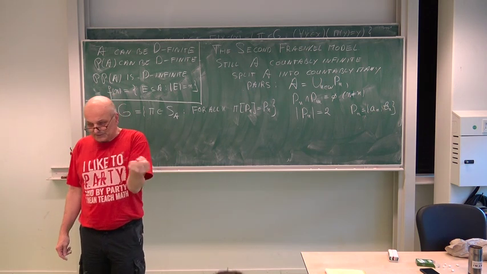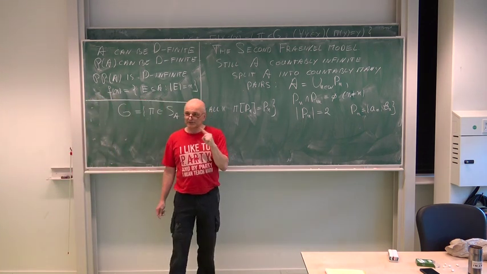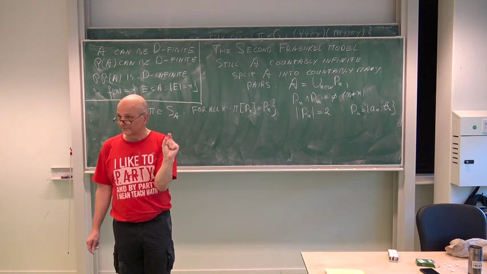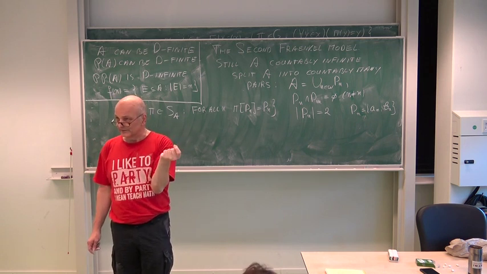You sort of guess where this is going. The members of the pairs are going to be indistinguishable, because we can always flip them around with a valid permutation.